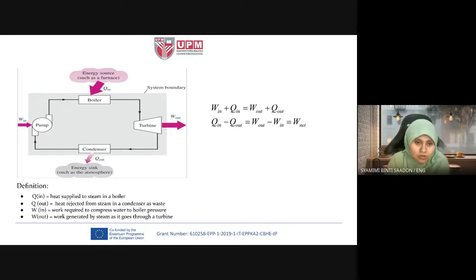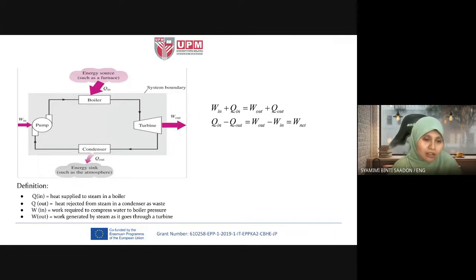Okay, so this is the main concept of the thermodynamic cycle. You have W in, the work required to compress water. The work that we put in as input to the pump or compressor, so that it can run and compress the working fluid inside.